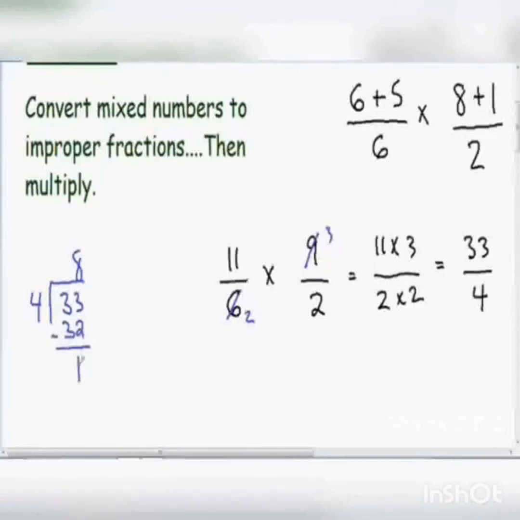And when we subtract that to get the remainder, we get a 1. Okay, so it means 33 divided by 4 is 8 remainder 1. So we are going to have 8 whole number, 1, which is the remainder, over the denominator, which is what? A 4. So we have 8 whole number 1 over 4 as our final answer.